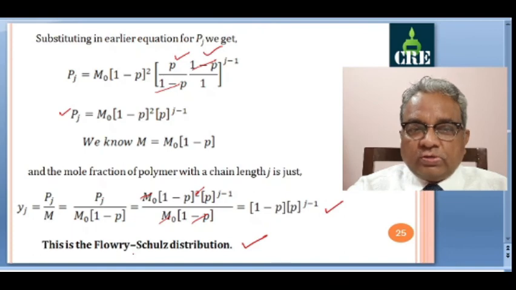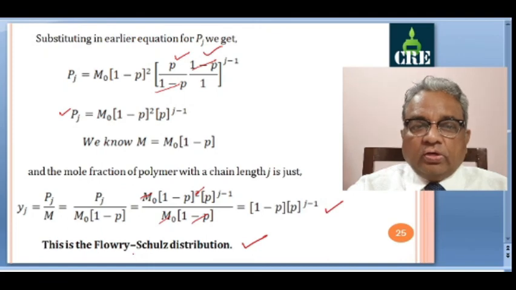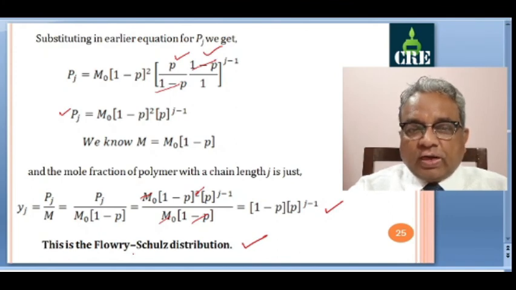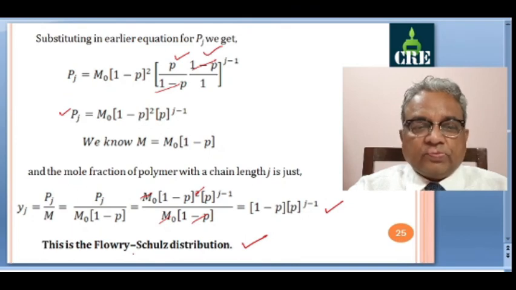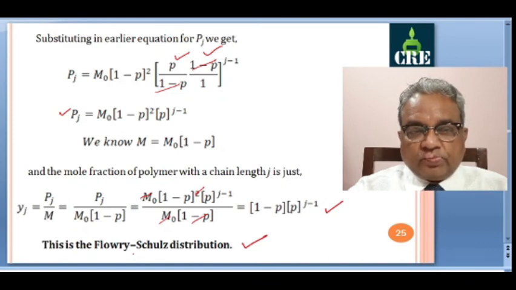So I have introduced you to the polymers, then introduced you to the pseudo steady state hypothesis, and then how to develop this equation for representation of Pj, that means P2, P3, P4 and so on, that is for the formation of dimer, trimer, tetramer, and then finally we generalize it, and in the end we have seen mole fraction of polymer with chain length, that is Yj, can be written as 1 minus P into P raised to J minus 1, which is known as Flory-Schulz distribution.